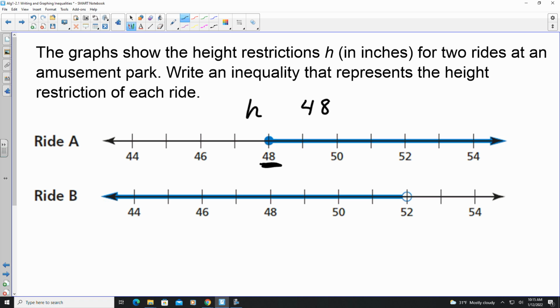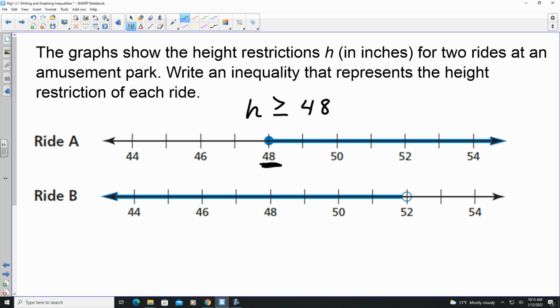Since it's got a closed circle, I know it's going to be either greater than or equal to or less than or equal to. So now, since the shading and arrow is going to the right, I'm going to make my arrow towards the right as it's moving towards the right side.